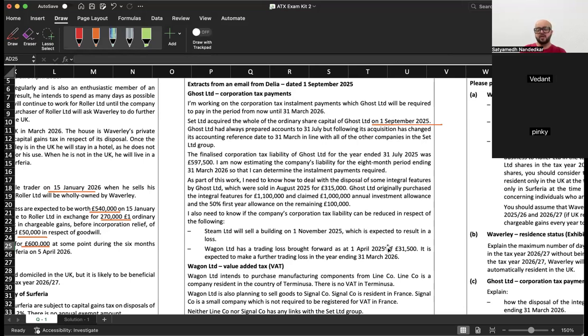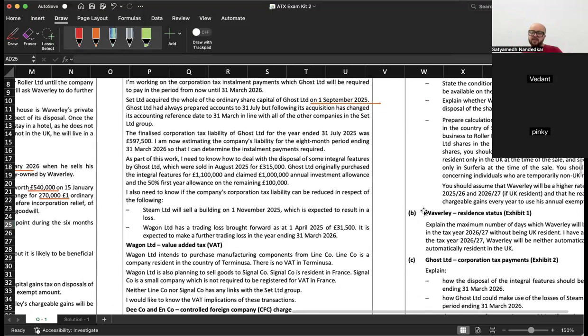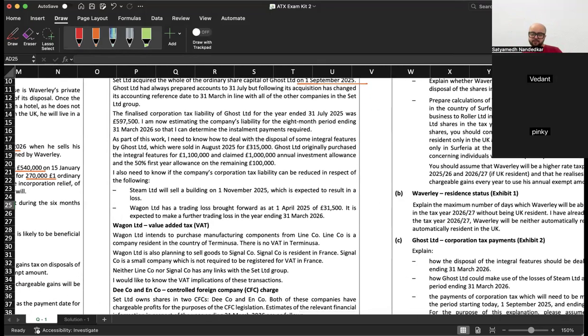Ghost Limited has always prepared its accounts to 31 July, but following its acquisition, it has changed its accounting reference date to 31 March in line with all of the other companies in the Set Limited group। ठीक है, earlier it was 31st July, now they have made it 31st of March। तो कैसे करेंगे अभी बताइए मुझे। So current year must have started on 1st of August.